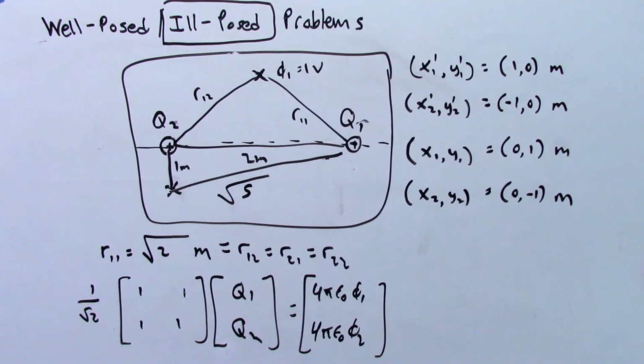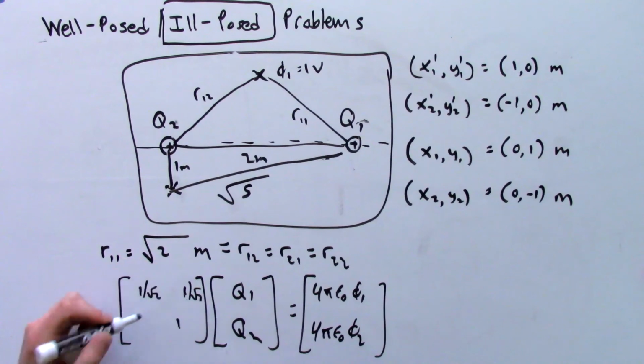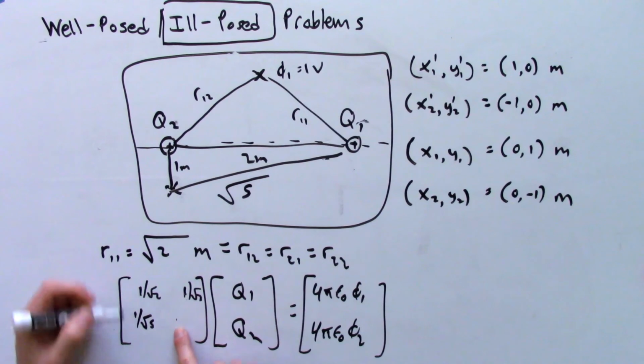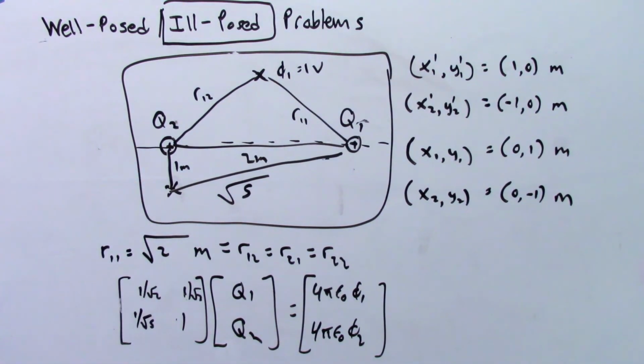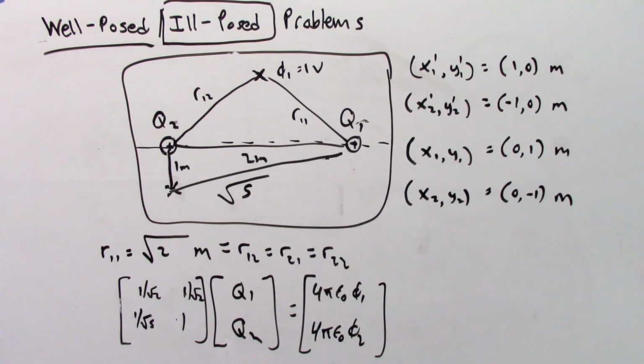So now I get a 1 and a 1, say, for this distance up here, but then I will get something like 1 over square root of 5 here. So we'll write this like so: 1 over root 2, 1 over root 2, then from 1, 2, this will be 1 over root 5, and this will just be 1, like so. So now I have a matrix that can, in principle, be inverted, and there is again a unique solution for Q1 and Q2. In this situation, you would have what is called a well-posed problem, meaning that there is now a unique solution.